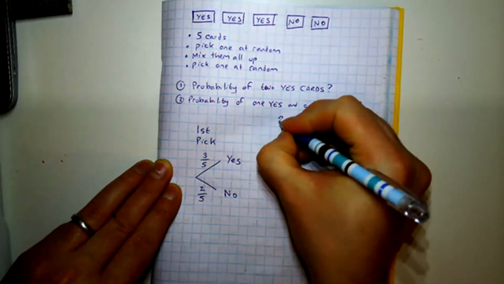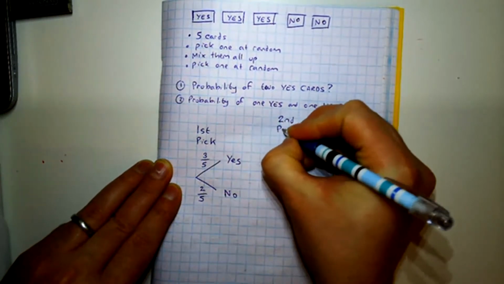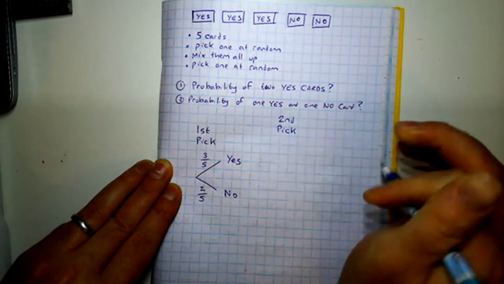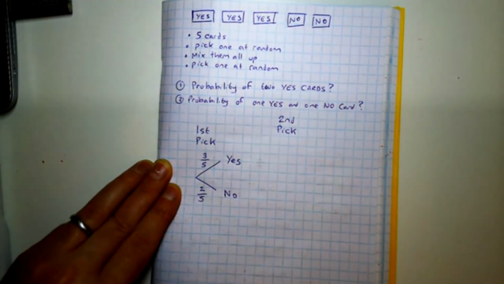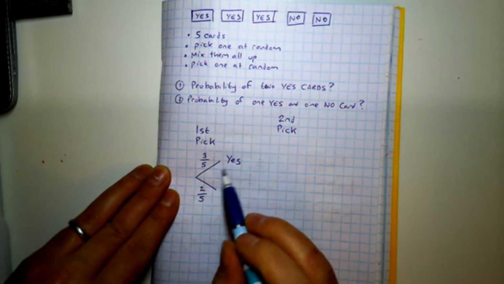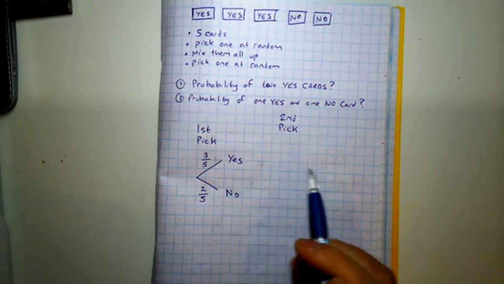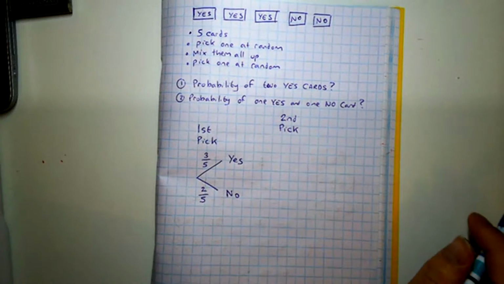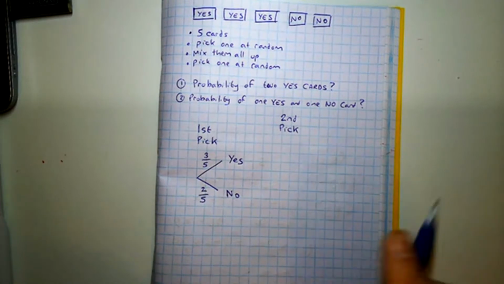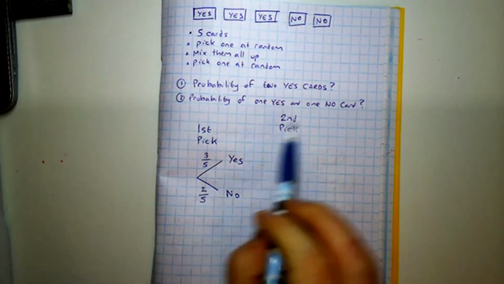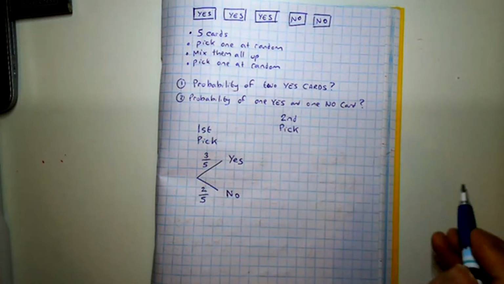And then I've got my second pick. Now, the way a tree diagram works is it almost creates different timelines of different things that can happen, and you carry them on in all directions.